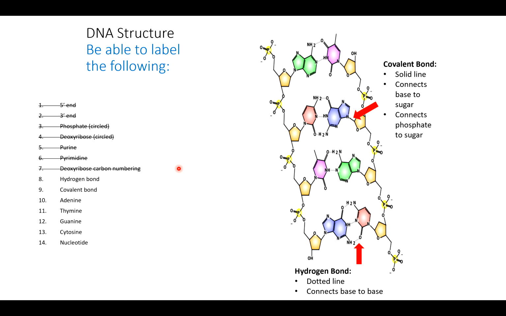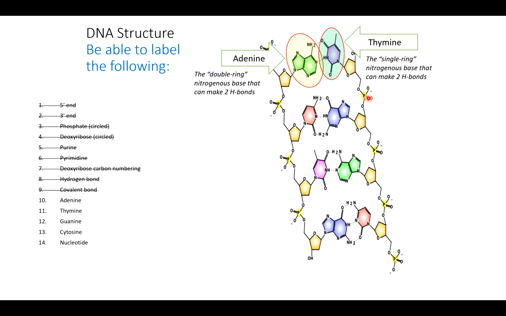Hydrogen bond and the covalent bond. Hydrogen bond you will get in between the nitrogenous bases, always represented by a dotted line, and the covalent bond you will find between base and sugar and between sugar and phosphate. Always remember. How to identify adenine and thymine? Thymine is always a single ring.